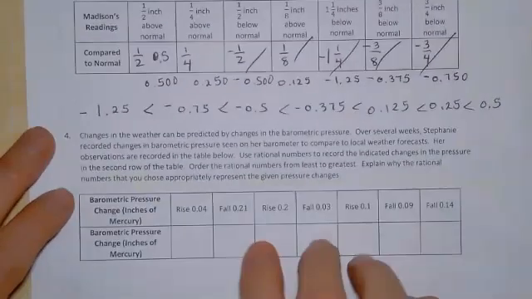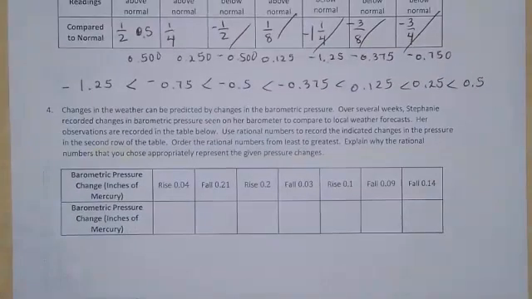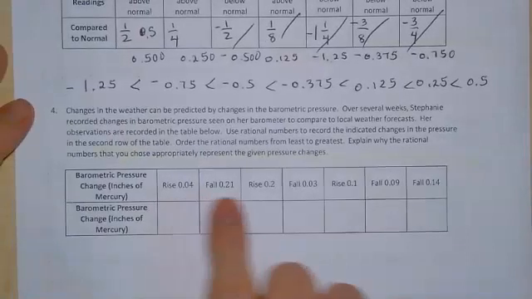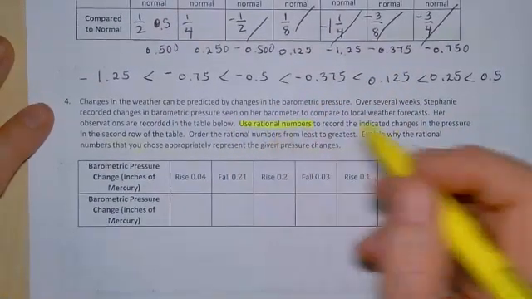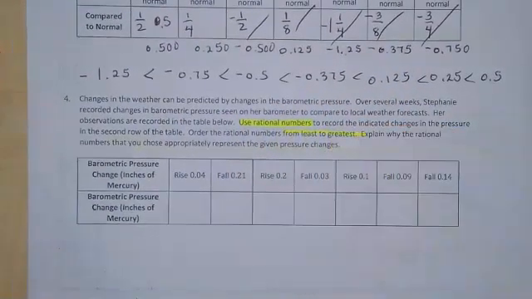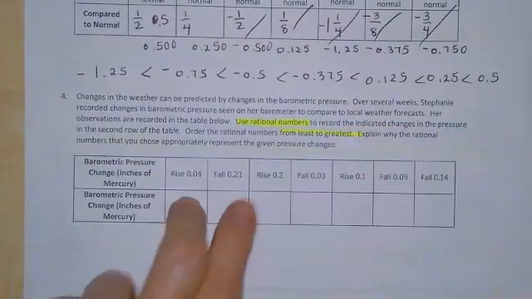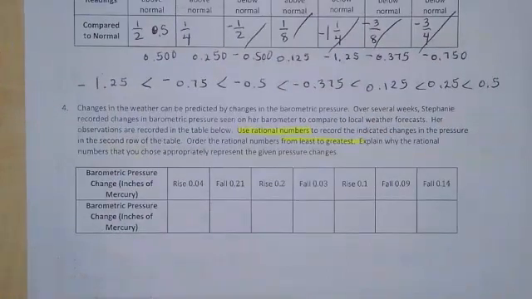All right, let's look down here. Changes in the weather can be predicted by changes in barometric pressure. Over several weeks, Stephanie recorded changes in barometric pressure seen on her barometer to compare local weather forecasts. Her observations are recorded in the table below. Using the rational numbers, we're going to order them from least to greatest. So there's a rise or a fall. Which one's going to be positive? Rise.